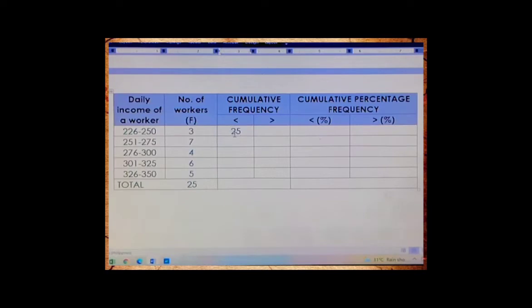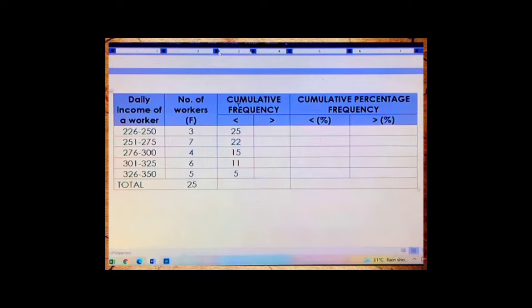Then we subtract to find the other values. 25 minus 3 is equal to 22. 22 minus 7 equals 15. 15 minus 4 is equal to 11. And 11 minus 6 equals 5. And that would be all the cumulative frequency lesser than.